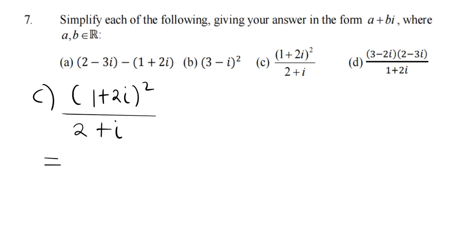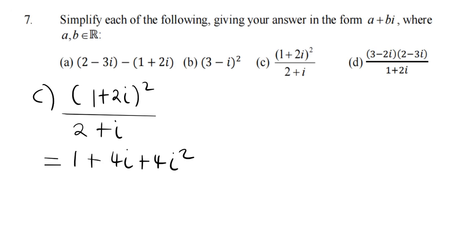We're going to expand that one. We're going to have 1 squared plus 2 multiplied by 1, that is a 2, 2 multiplied by 2i, we're going to have 4i. Then the 2i squared, 2 squared is a 4, then we're going to have i squared.